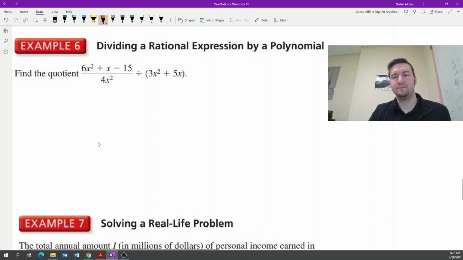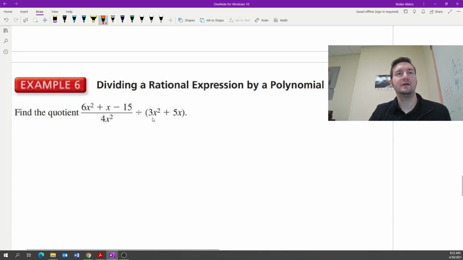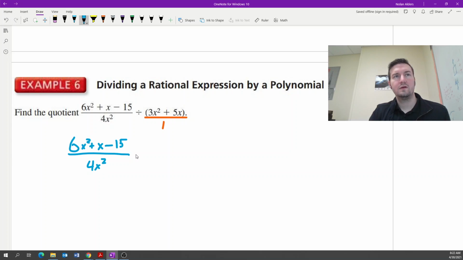Okay, one more. Same idea here. This is the same thing as all this over 1. So if we switch this to multiplication, we just flip these two. So we'll have 6x squared plus x minus 15 all over 4x squared times, we'll flip these, so it'll be a 1 on top and 3x squared plus 5x in the denominator.